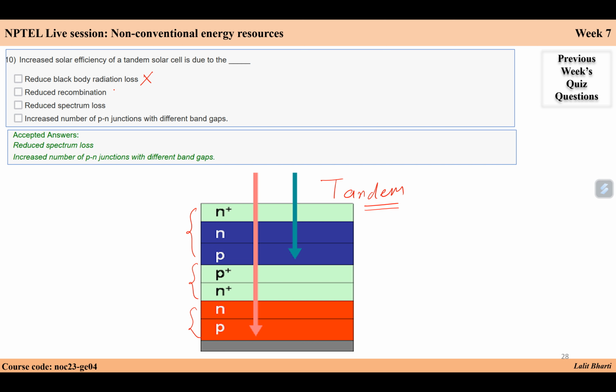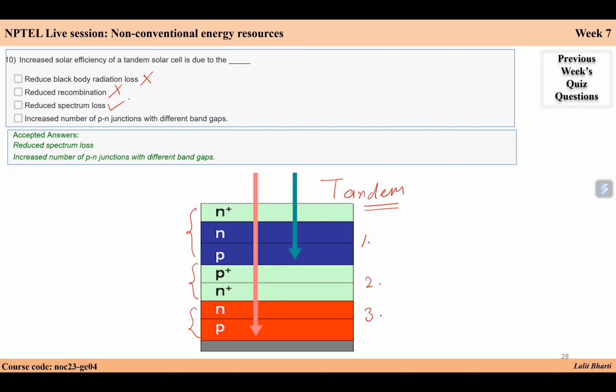Reduced recombination. Recombination will not be reduced because in each solar cell the recombination is the same. Whatever recombination is in the first cell will be the same in the second, and they will not be affected by the tandem structure. The third option is reduced spectrum loss.